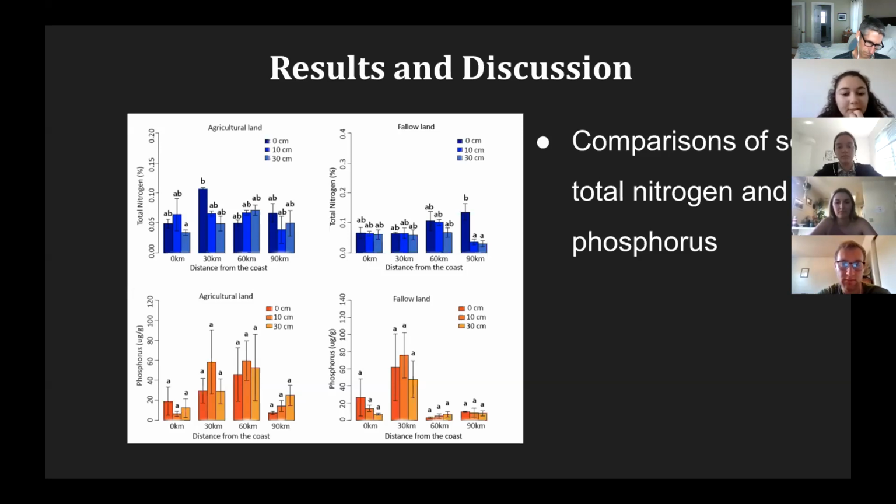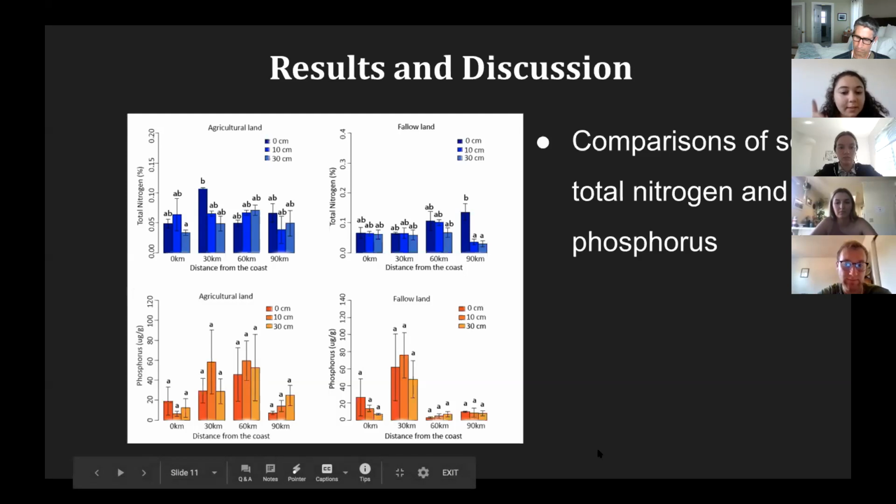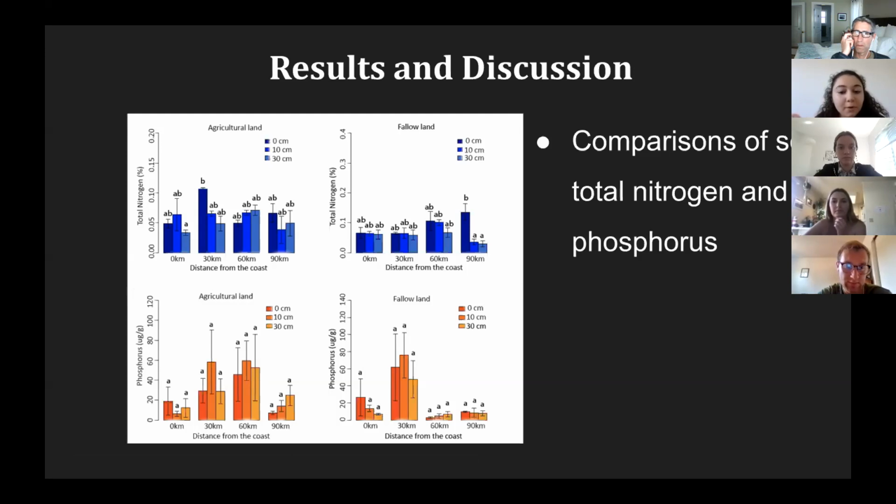But if you can see the soil samples that were collected from 0 centimeters and then 0 kilometers for the total nitrogen, and the 10 centimeter depth of the 30 kilometers and 60 kilometers for the phosphorus, they were recorded for the highest value in agricultural land.